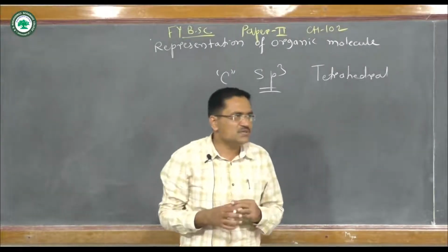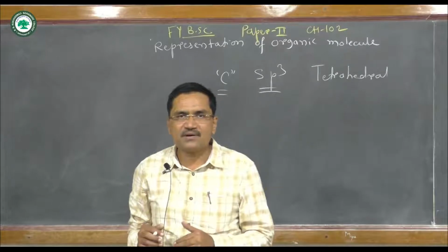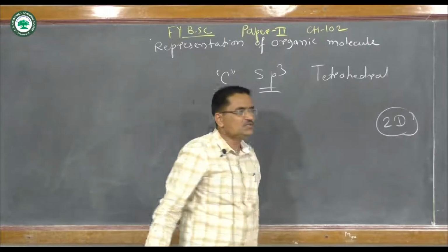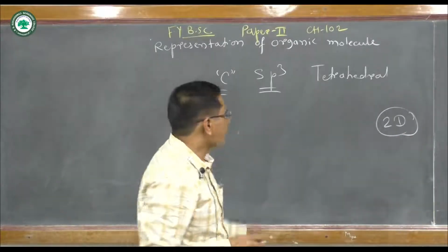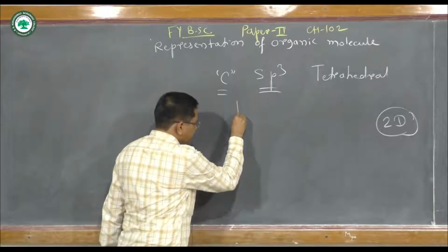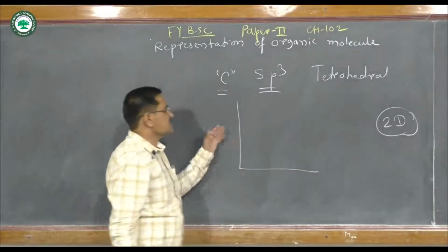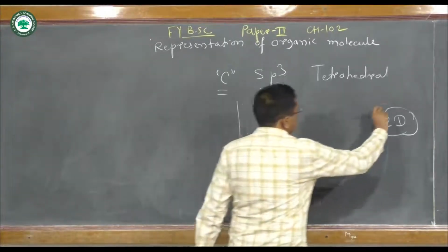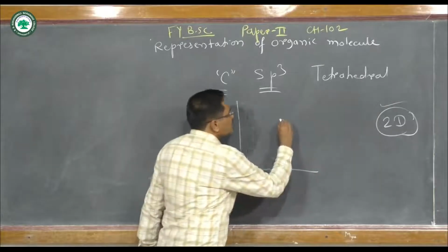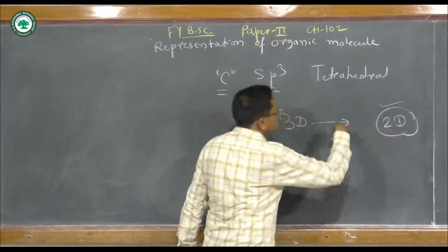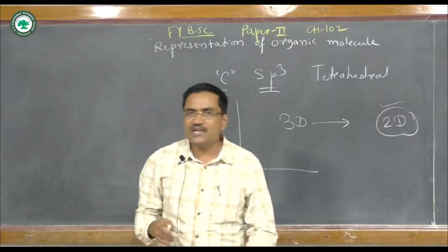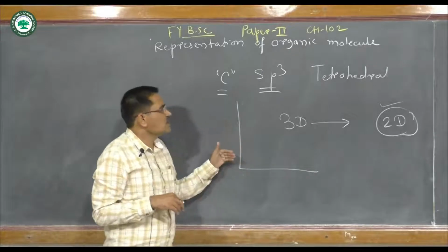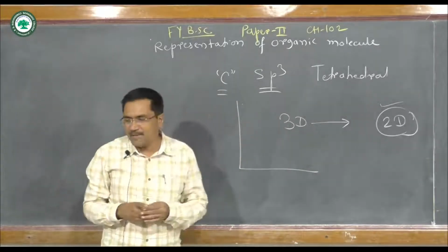Many times we draw this tetrahedral geometry on the paper in 2D form, because our plane has only two axes, x and y. The Z axis is not possible, so it is 2D. So we convert the 3D structure into a 2D structure, and there are various methods to represent an organic molecule on the paper or on the blackboard.